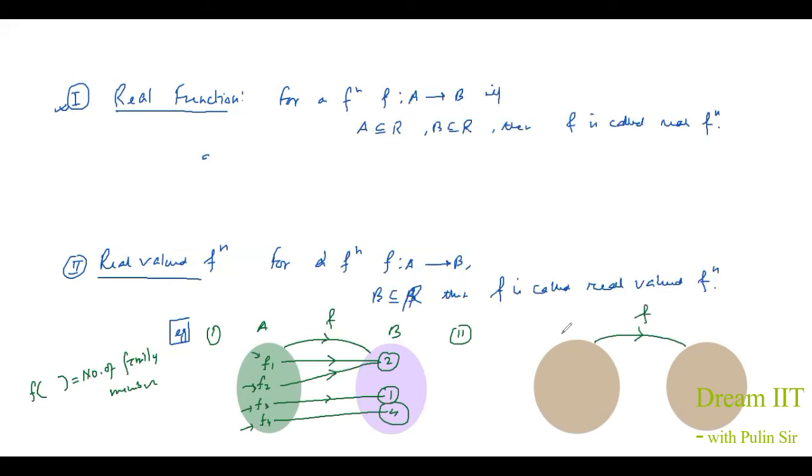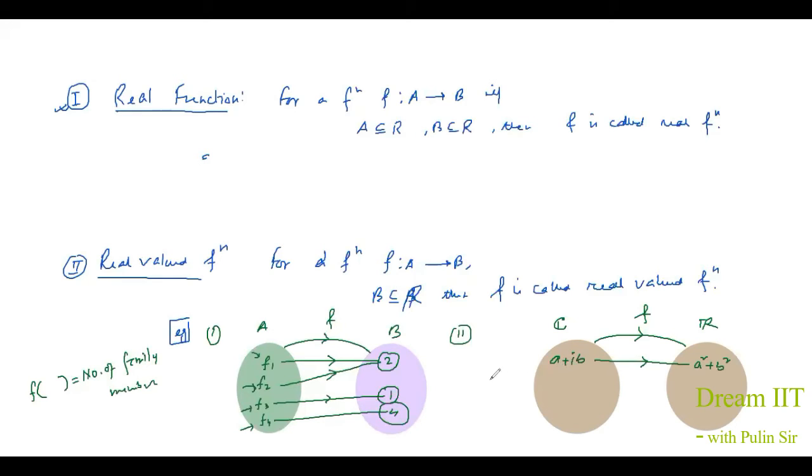Suppose I give you the function where the domain is the set of all complex numbers, and here it is the set of real numbers, and I say that if I get a number like a plus ib, I want to relate it to a square plus b square.